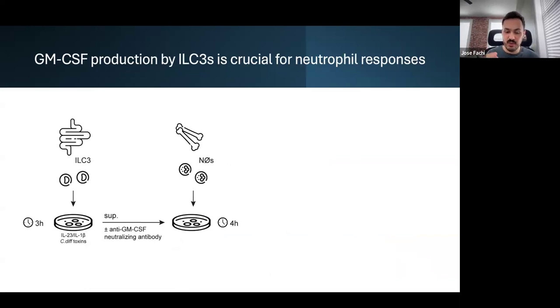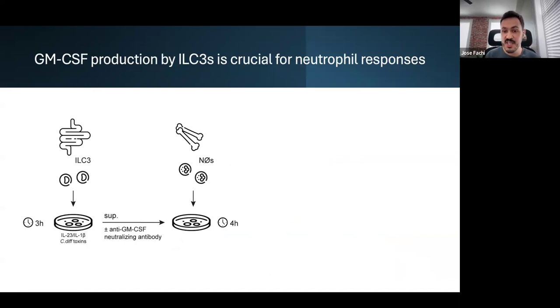We confirmed this crosstalk between neutrophils and ILC3s in vitro, culturing neutrophils with the supernatant from ILC3s stimulated with cytokines and toxin. And we treated these neutrophils from bone marrow with the supernatant in the presence or absence of neutralizing GM-CSF antibody.